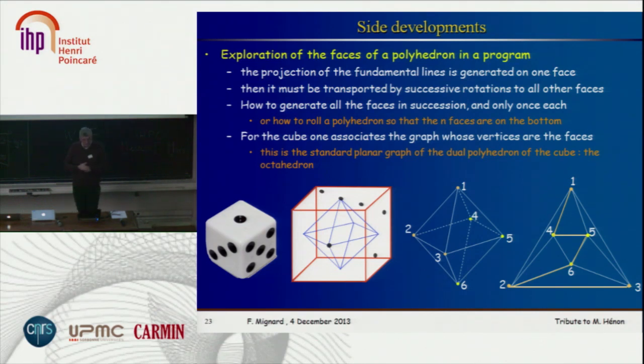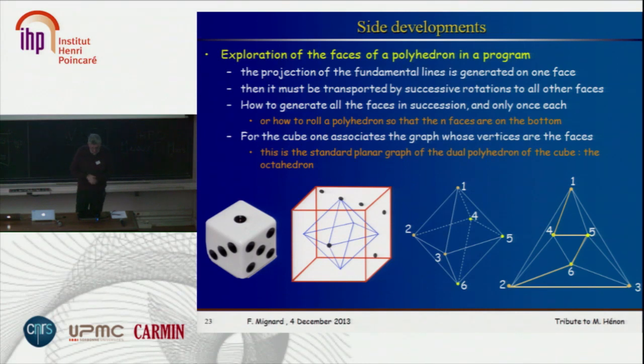So the question is how to generate each face only once. With the cube, it's very easy. You take the one I have on my desk and rotate it yourself, and it's easy. When it comes to the icosahedron, it's much more difficult to visualize and to be sure you are doing that properly. So I wanted something more or less automatic, generating the right rotations.